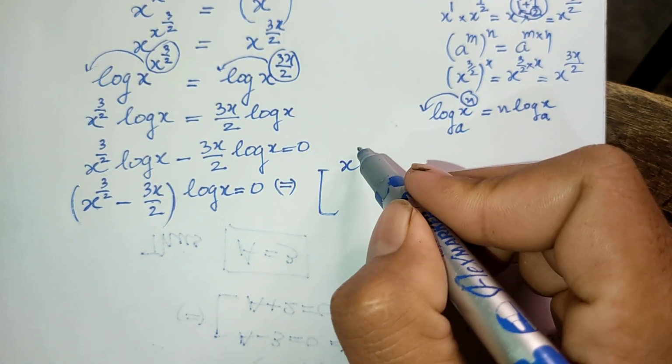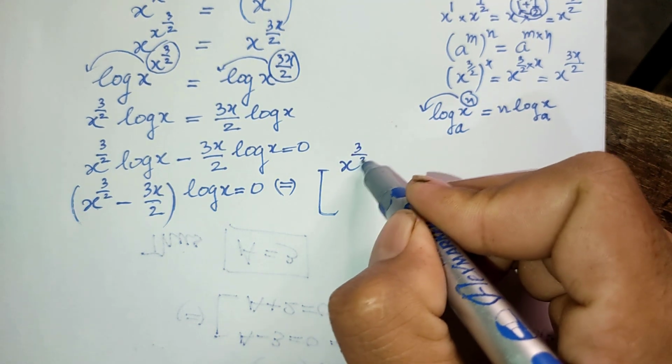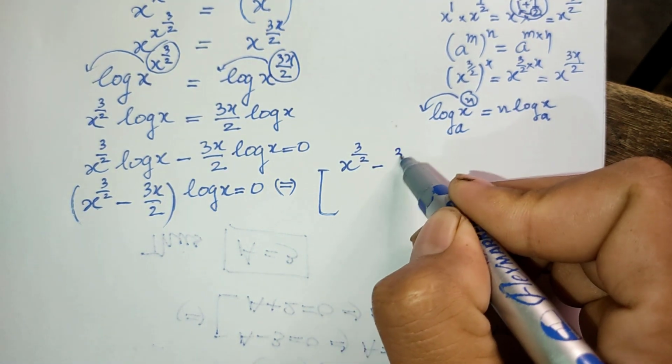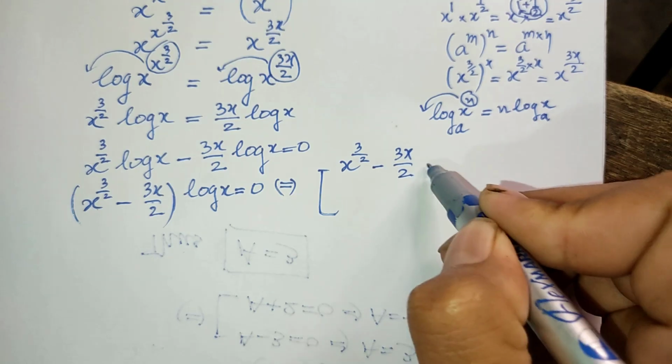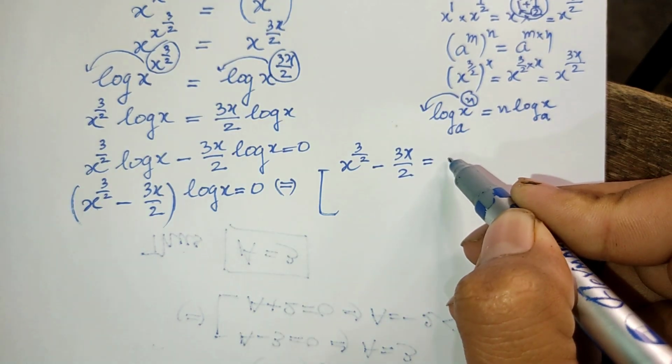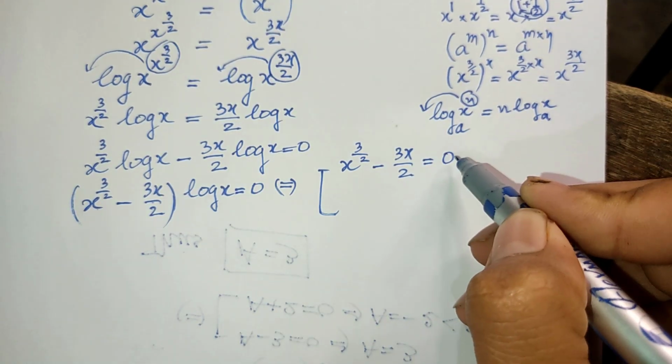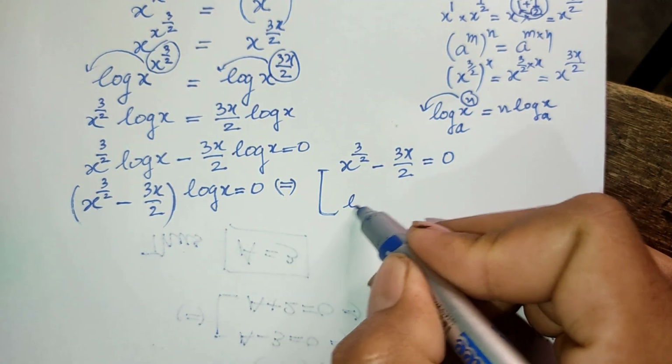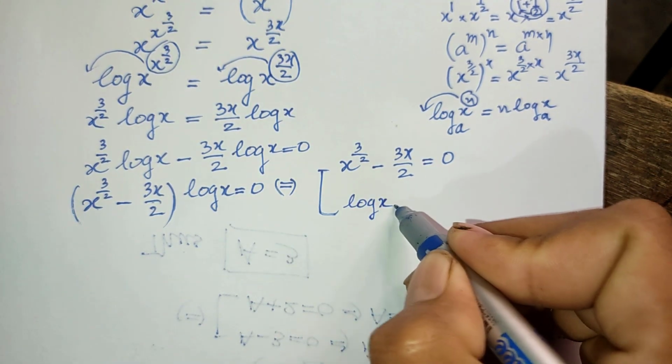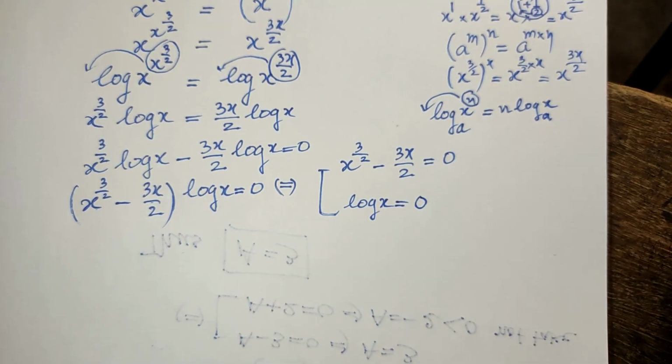And so now these two factors are equal to 0, so we get h power 3 divided by 2 minus 3h divided by 2 is equal to 0, and log of h is equal to 0.